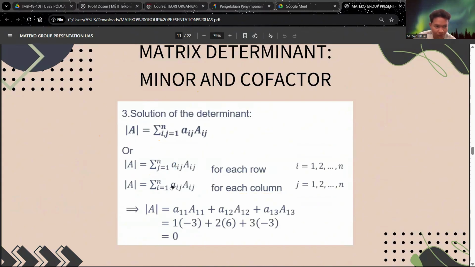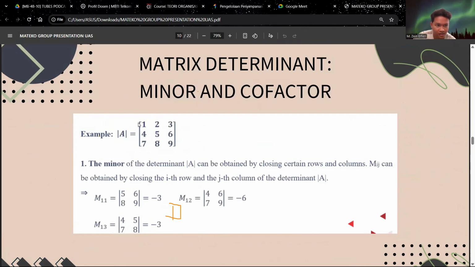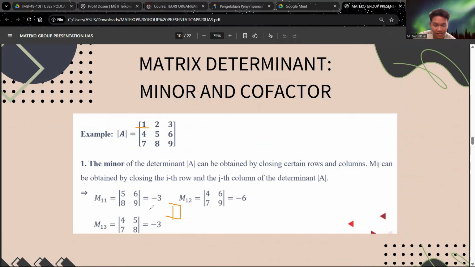So we have 1 here, and the capital A is from here.